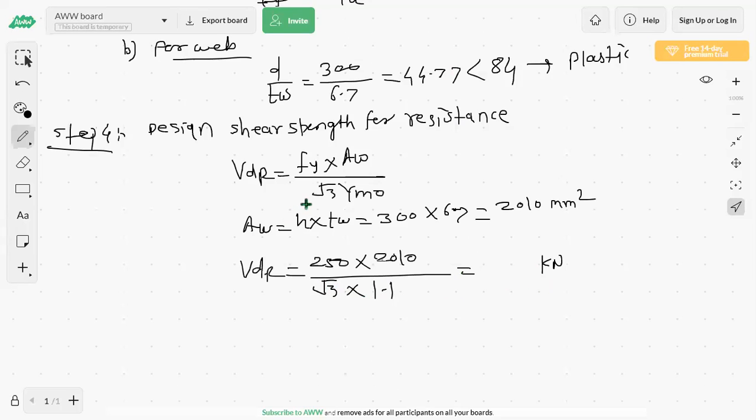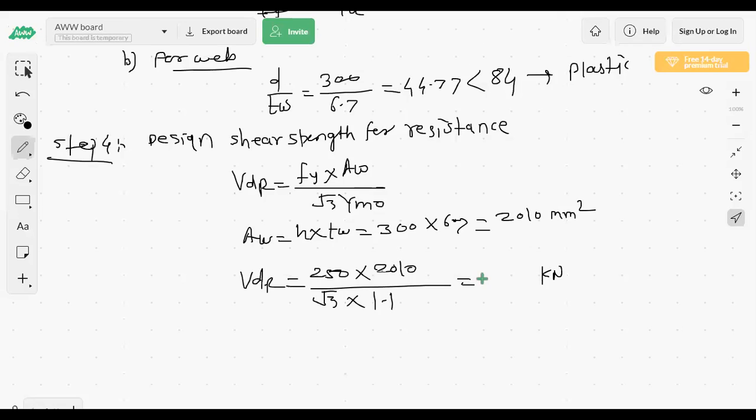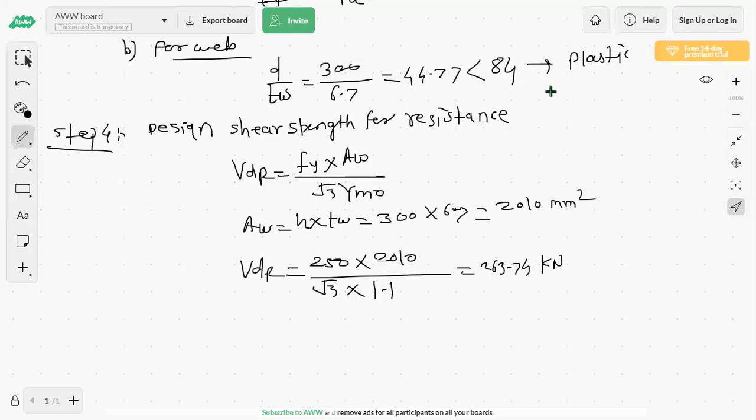Because this is the shear strength. Tell me fast. 263.74.